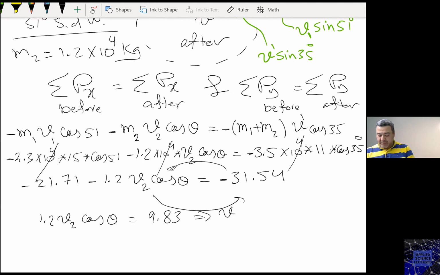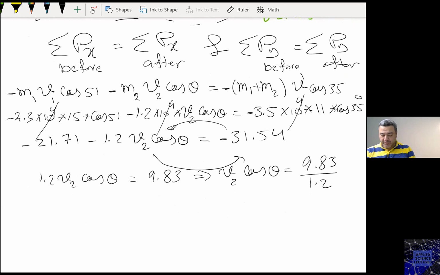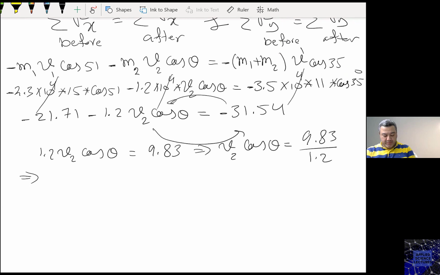Then v2 cosine theta is 9.83 divided by 1.2, or v2 cosine theta equals to 8.1.